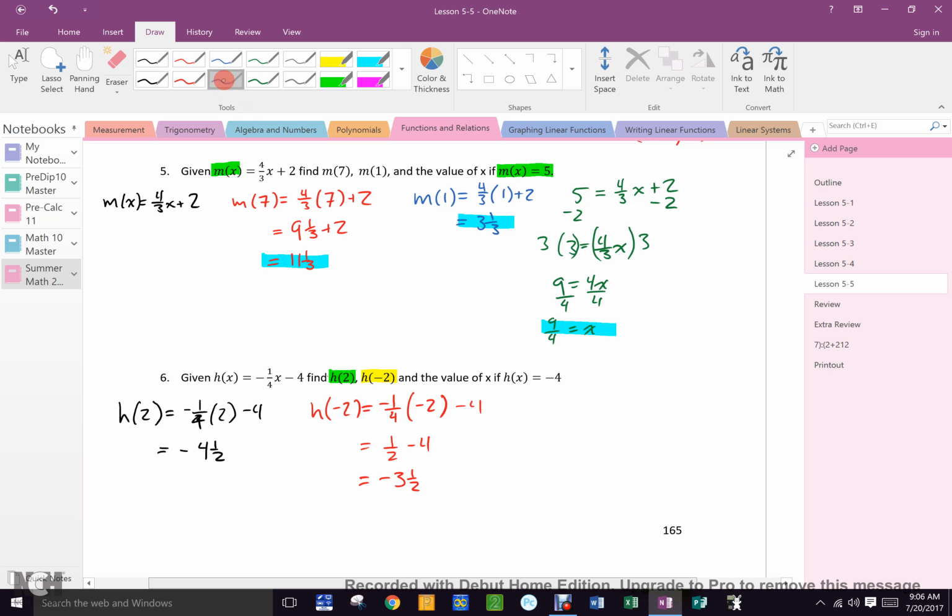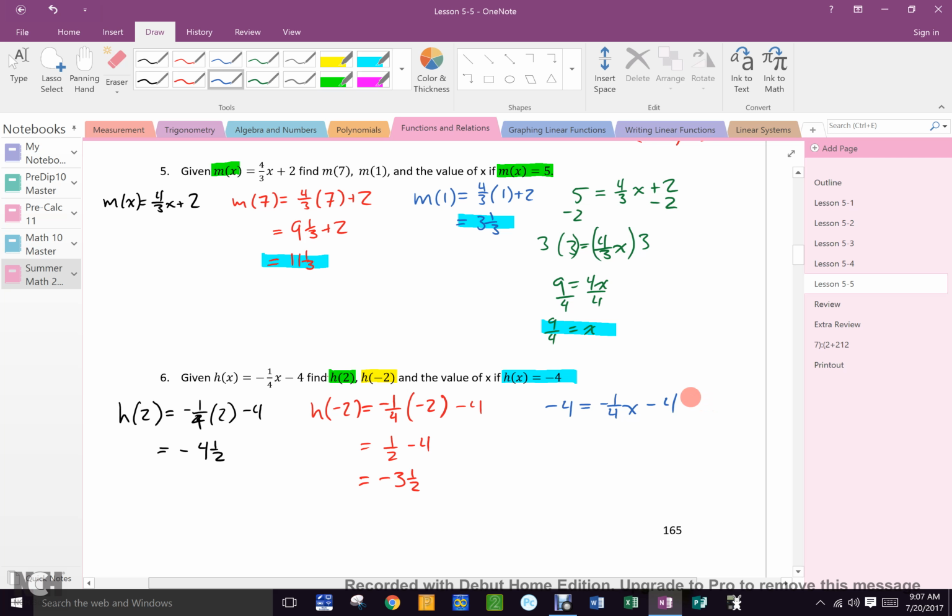And the last one is different. How? I don't have an input. I have an output. So instead of writing h of something, I only can write negative 4. Negative 4 equals what? Negative 1/4 x minus 4.